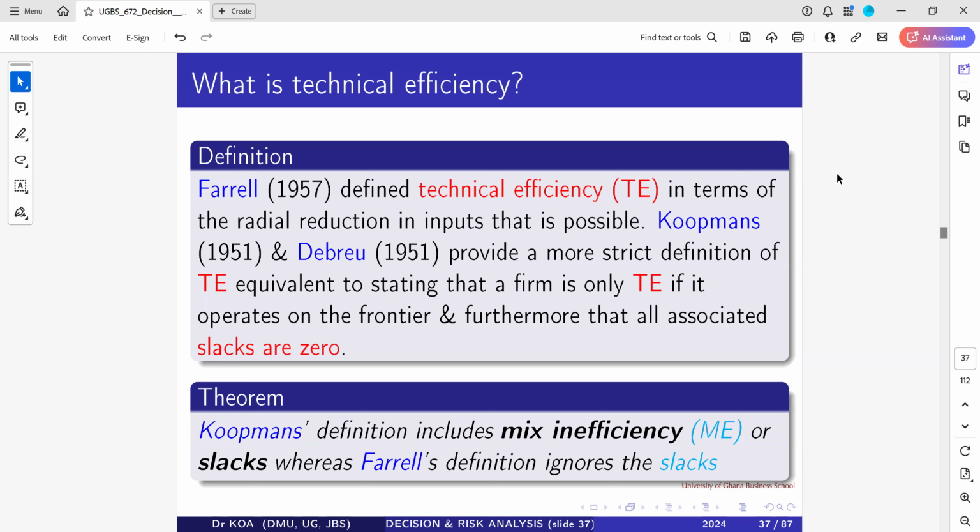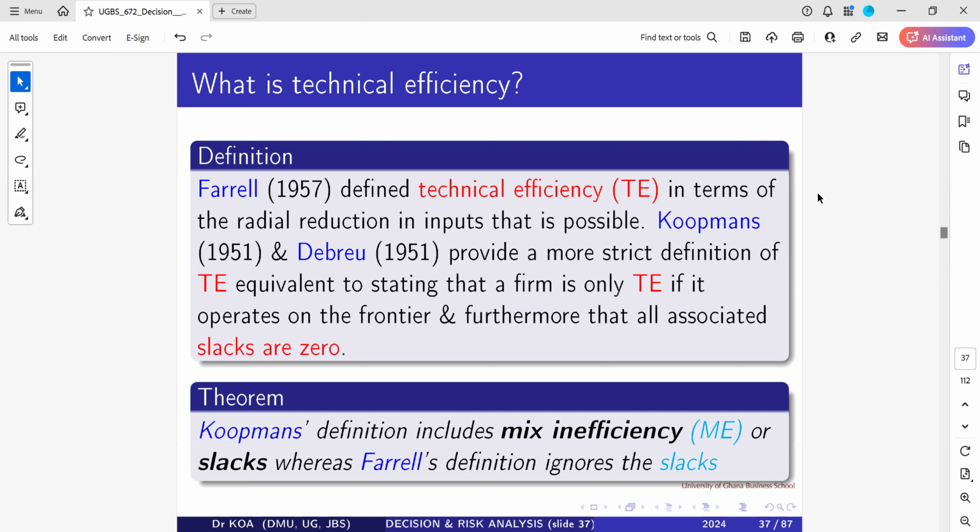So what mixed efficiency does is that it brings out the little inefficiency that is hidden, and that is making the firm inefficient. The foundational level of efficiency measurement doesn't peel off this. It's later models that helped us to peel off this. I hope this explains it.